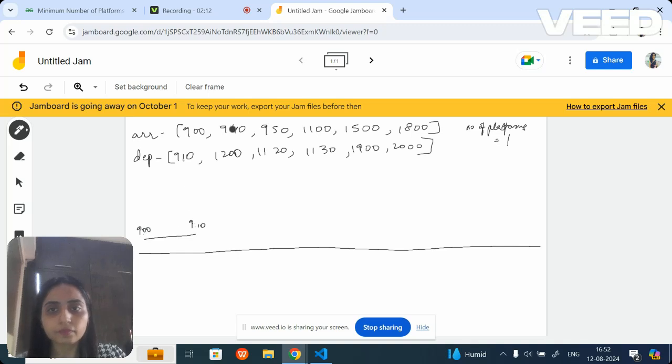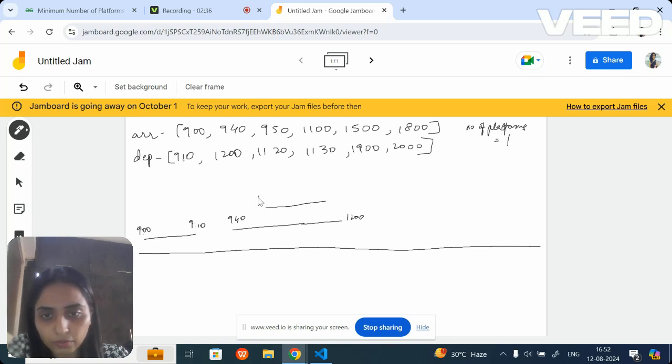There is another train that comes at 9:40, that leaves at 12. There's another train that comes at 9:50, somewhere around here, that leaves at 11:20.